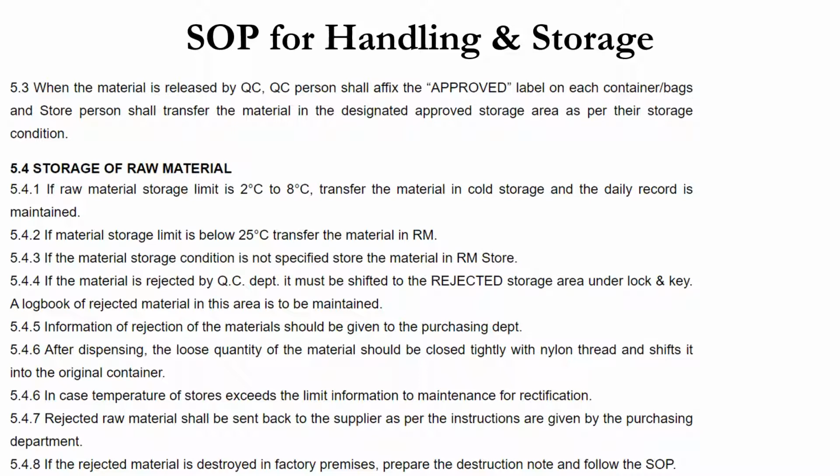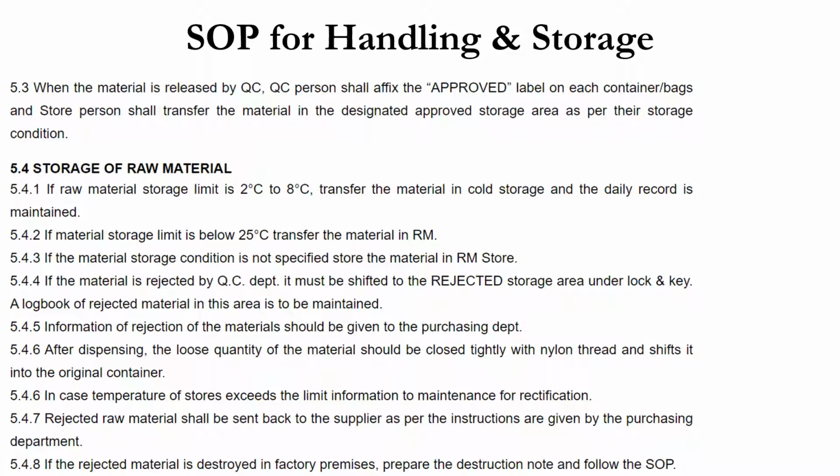If material is rejected by the QC department, then it must be shifted to the rejected storage area. A logbook of rejected material should be maintained. Information of the rejection of the material should be given to the purchasing department. After dispensing, the loose quantity of material should be closed tightly with nylon thread. In case the temperature of the box store exceeds the limit, information should be given to maintenance so it can be rectified.